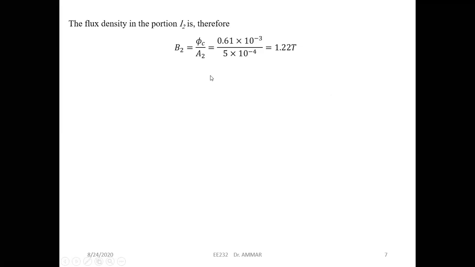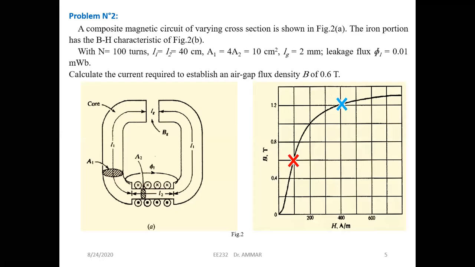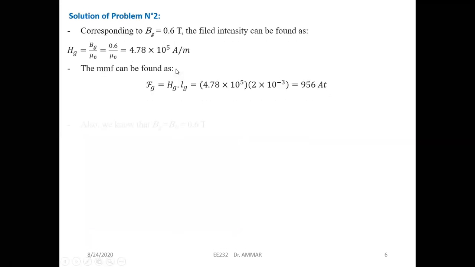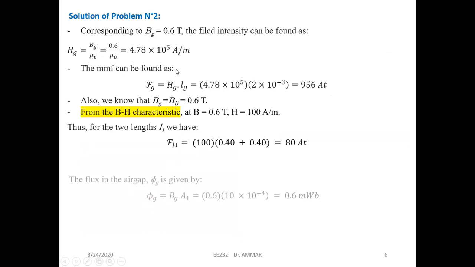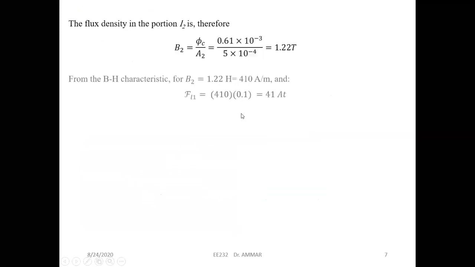Here the cross section is different, and B2 equals 1.22 Tesla. Let's go back to the BH characteristic. The value of H corresponding to 1.22 Tesla is about 400 Ampere per meter.